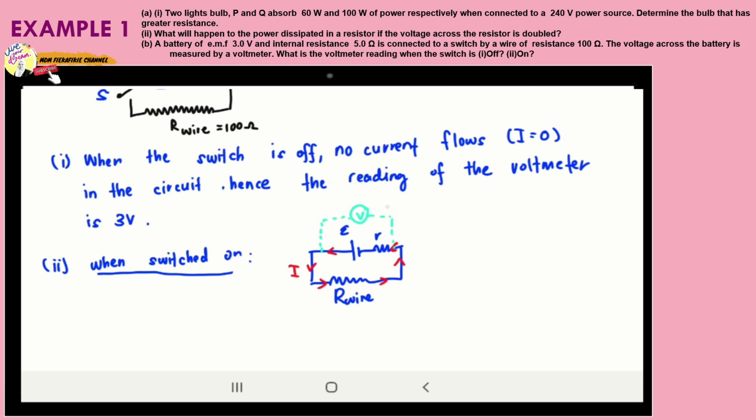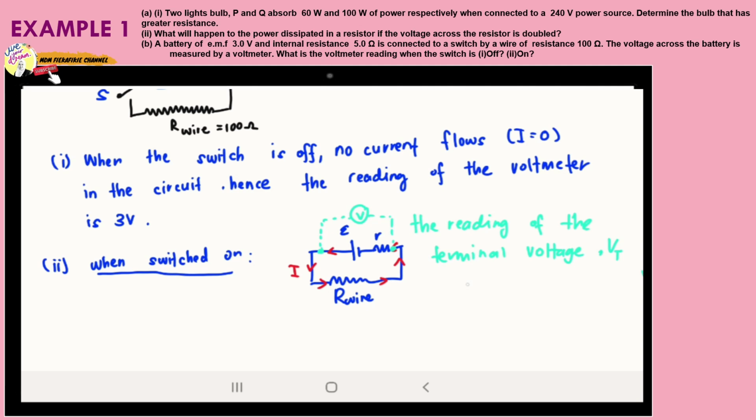The voltmeter will show you the reading of the terminal voltage, which is Vt.